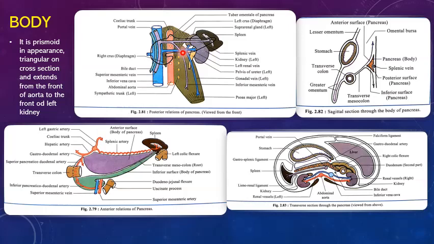So these are the posterior relations of the body. So we have completed the anterior surface, the inferior surface, and as well as the posterior surface of the body.